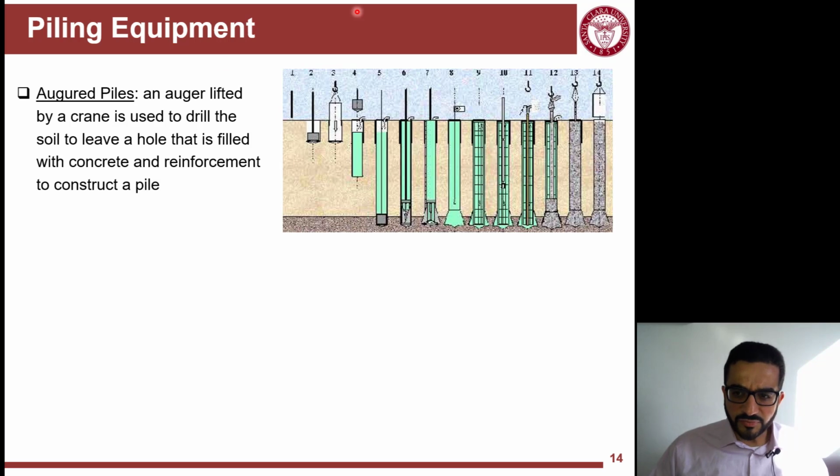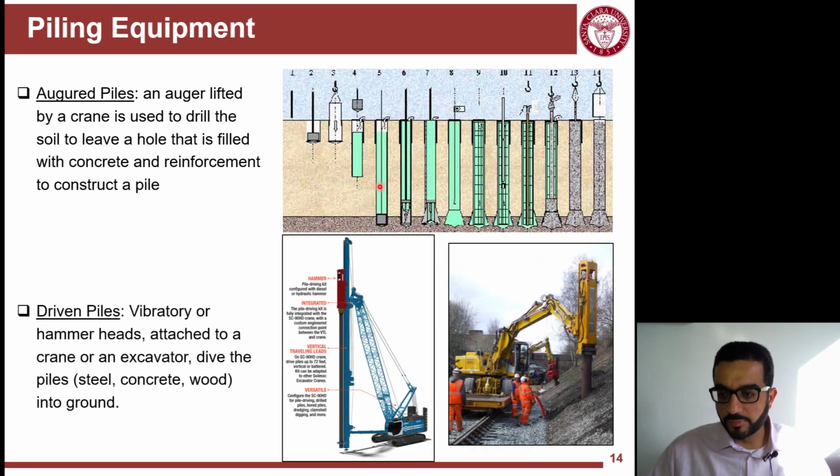So it's a very tedious process, but it's very efficient if you have many piles in place. It requires a lot of equipment, a lot of setup, but it's good for typical piles, because the depths you can reach with this method are bigger, longer, and deeper than driven piles.